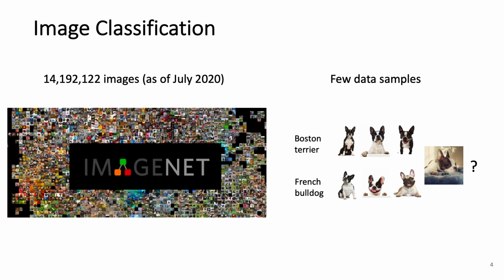I bet for the audience who never saw these kinds of dogs before, it's very hard to tell whether the image I show here is a Boston Terrier or French Bulldog, because I'm only showing you 6 labeled images. And that is actually a Boston Terrier with the question mark over there. So this is an example of few data samples which make the learning task very difficult.